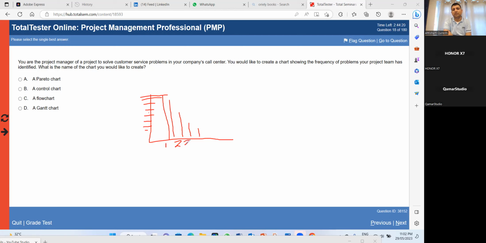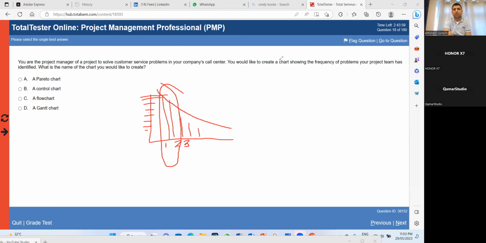It shows you, in decreasing order of occurrence, the most occurring kinds of defects. So this is the Pareto chart.